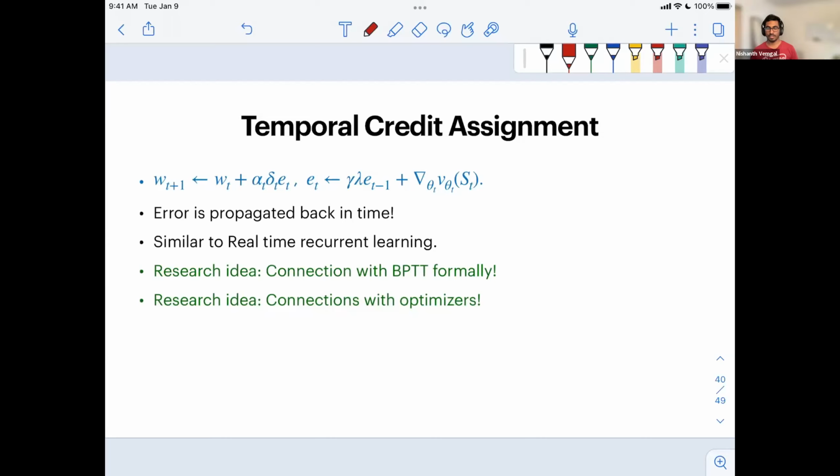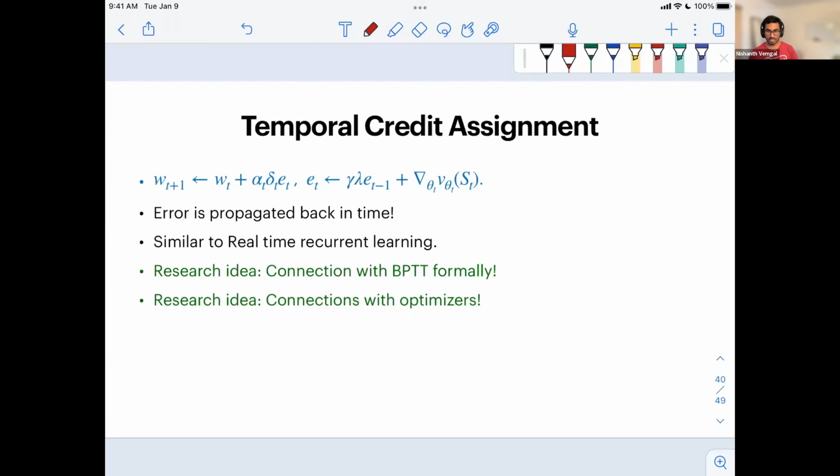And if you're using a recurrent neural network, what you would be doing is using history-based features. So when you said you want to establish the connection between using history-based features for learning value estimates, is that what you meant? Yeah, okay, I see your question.